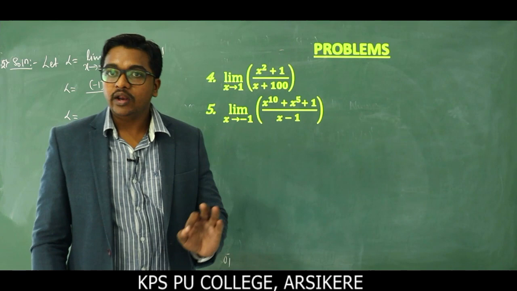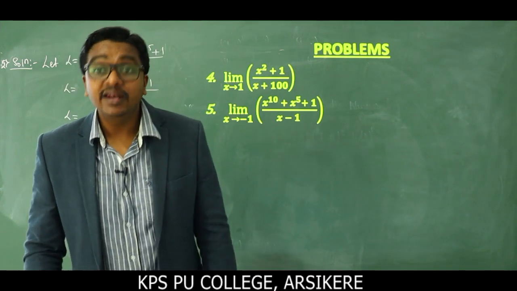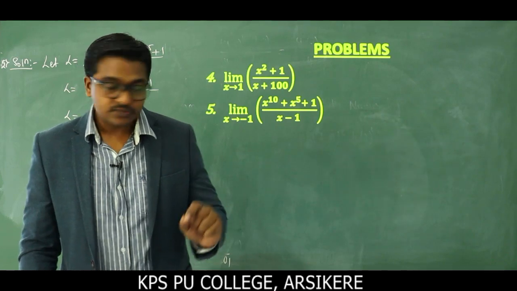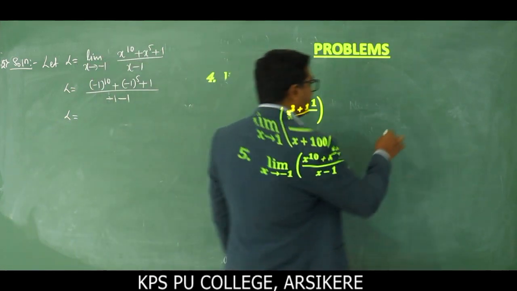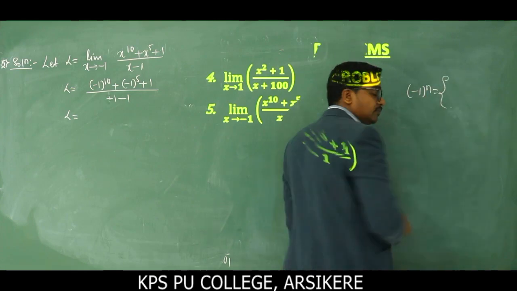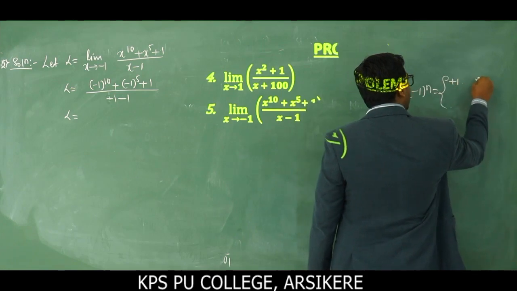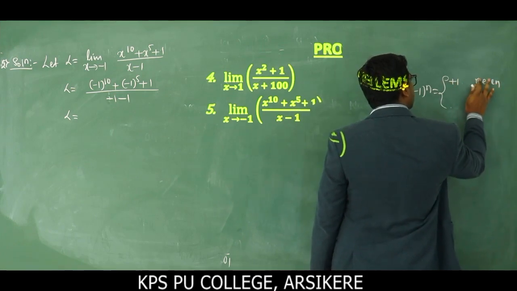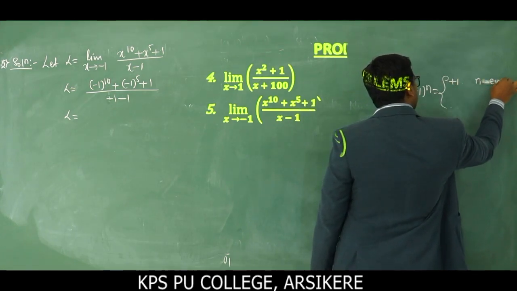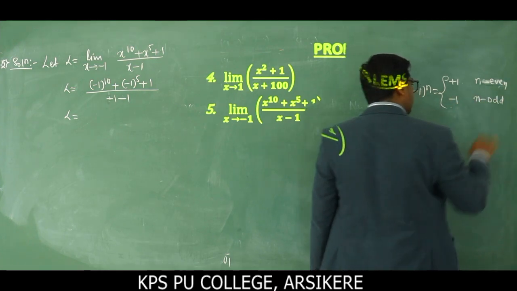Remember, whenever we have minus 1 whole power n, I'll repeat here, minus 1 whole power n, this value becomes plus 1 whenever n is even, and that becomes minus 1 when n is odd.